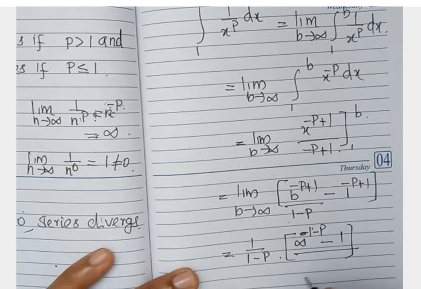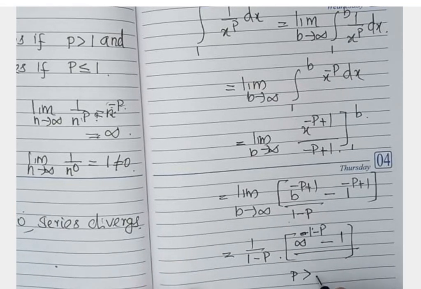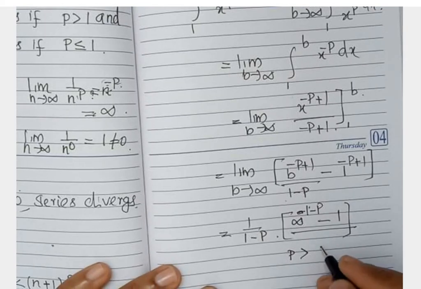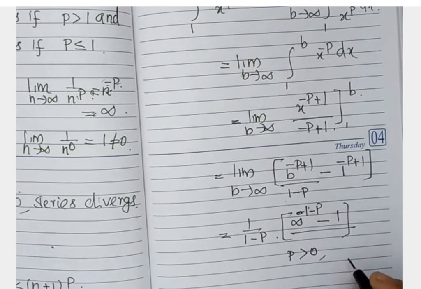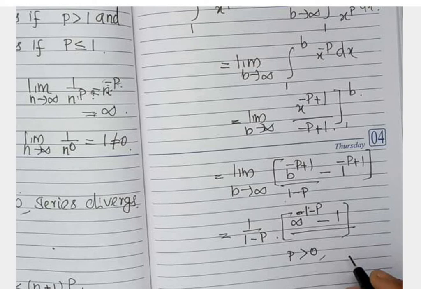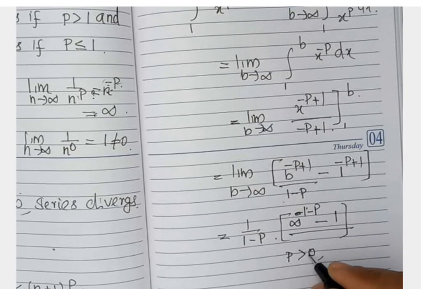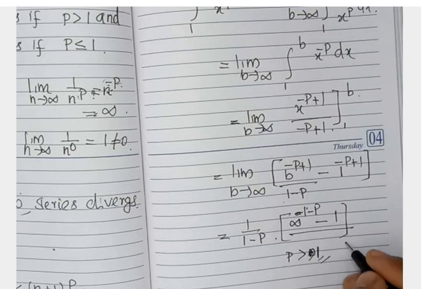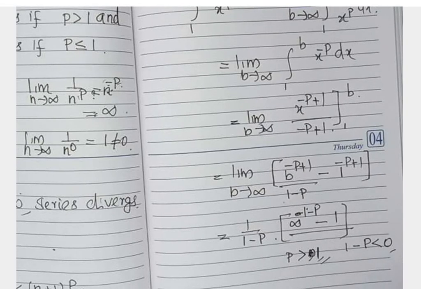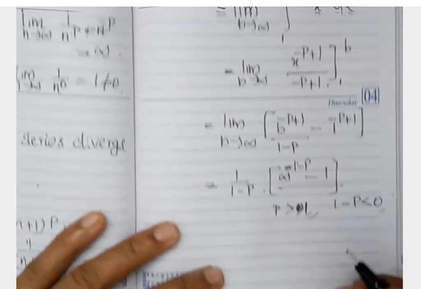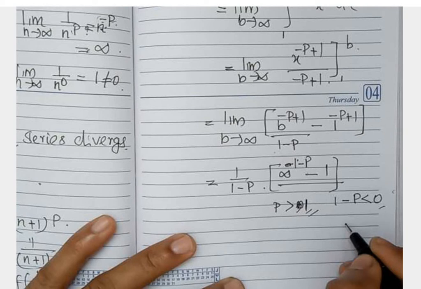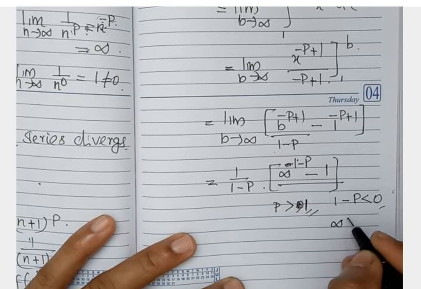P is greater than 0. When minus p is less than 0, then infinity is raised to a negative value.